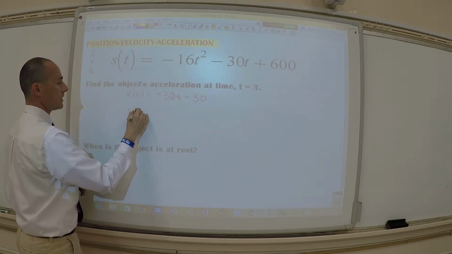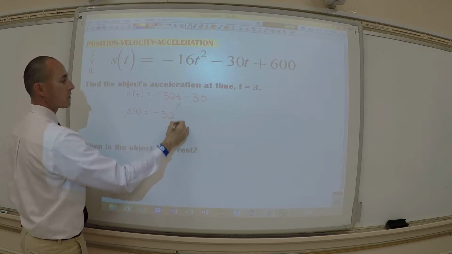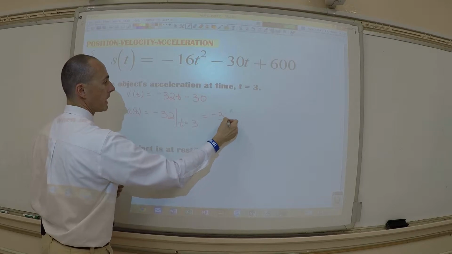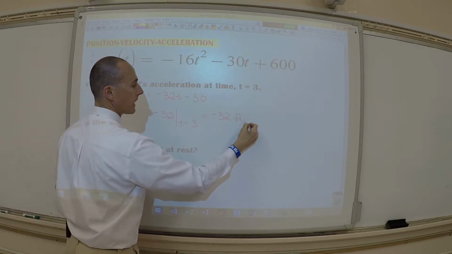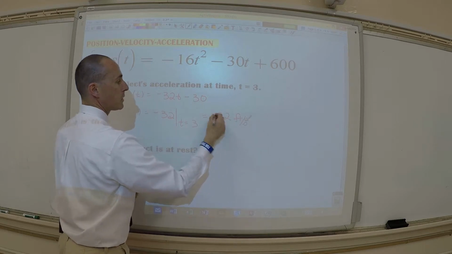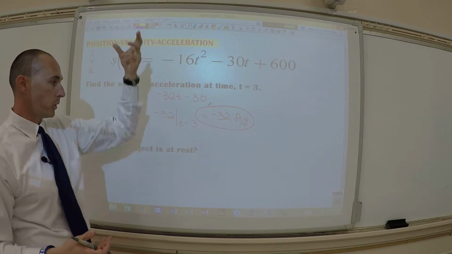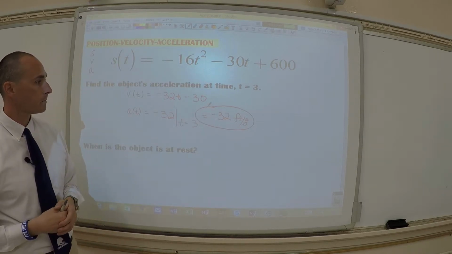So acceleration would be negative 32, which means even if we were to try and plug in 3, the answer would still have to be negative 32. But now what are the units? Feet per second per second, so feet per second squared. You'll notice that that's actually the acceleration due to gravity. Since we were dropping a ball or an object, that makes a little bit of sense.